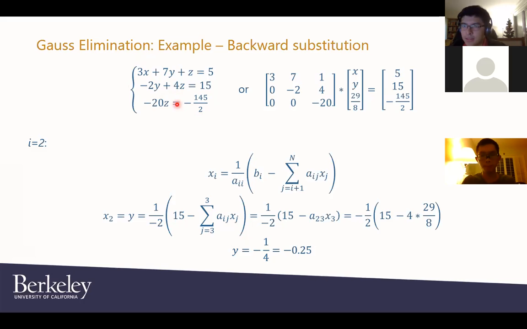So xj is the next variable, the one that we solved already, so z, the third variable. We substitute that. So -1 over 2 times 15 minus 4 times z. All right, so that's exactly the same operation we described before.